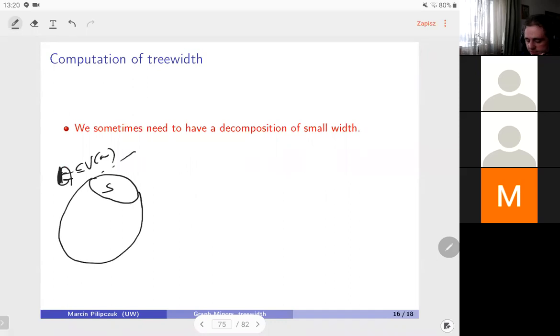The other parts of the graph connect to the set S, and I want to keep these connections. I want to use S as the separator between A and the rest of the graph.